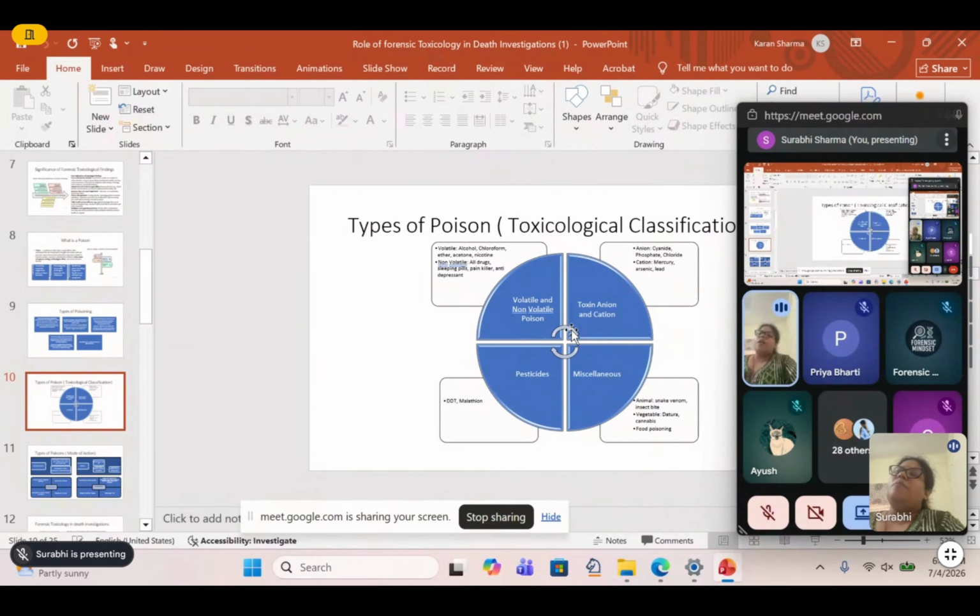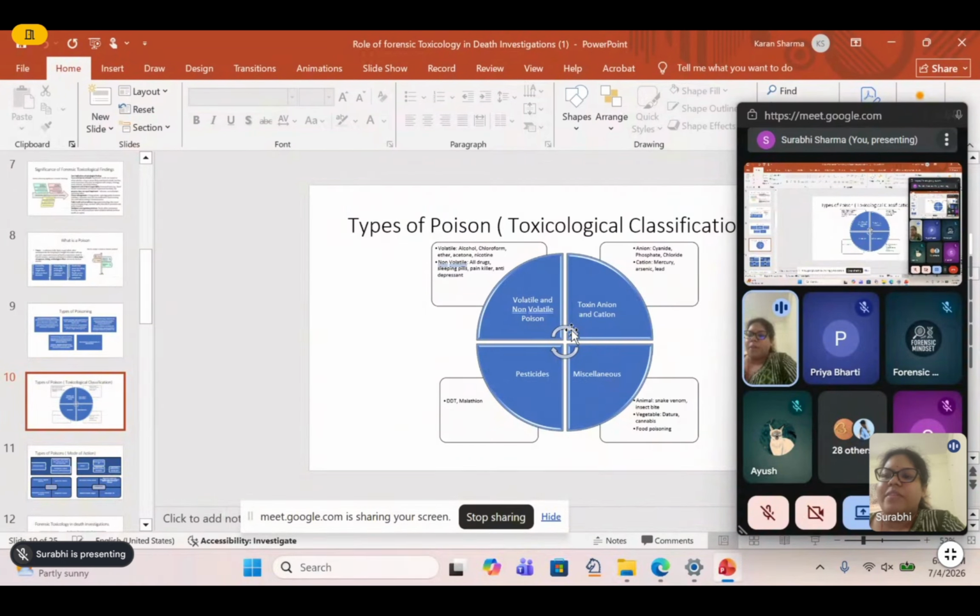Then we have another type of poison category, which is toxin, anion, and cation. Anions, we have cyanide, phosphate, and chloride. Cations, we have all the heavy metals, mercury, arsenic, lead, etc. Then pesticides, we have DDT, malathion for example. What are pesticides? You can see them for killing mosquitoes, for cockroaches, and for other pests also.